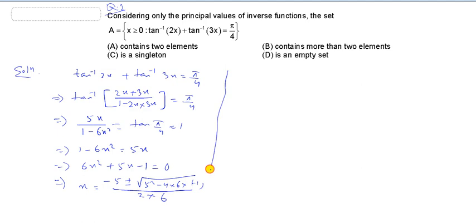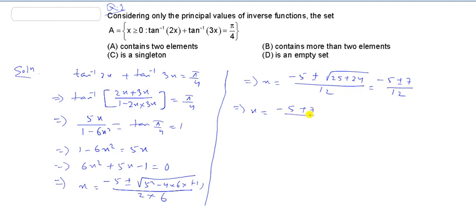So now let me complete the solution. x equals minus 5 plus minus root under 25 plus 24, divided by 12, that is minus 5 plus minus 7 divided by 12. So I get two values of x, minus 5 plus 7 by 12, or x equals minus 5 minus 7 divided by 12. So here I get x equals 2 by 12, which is 1 by 6, or this is minus 1.